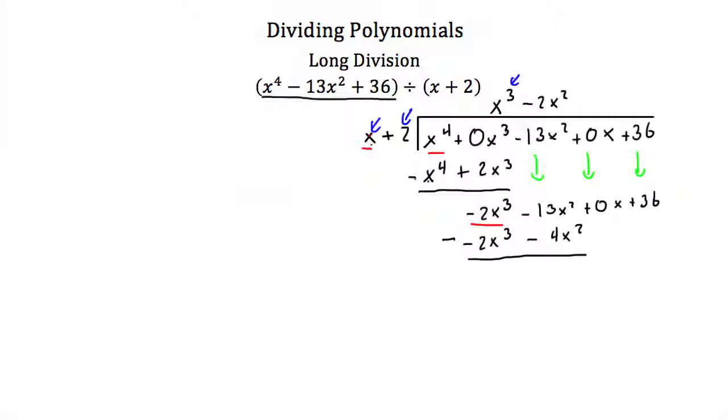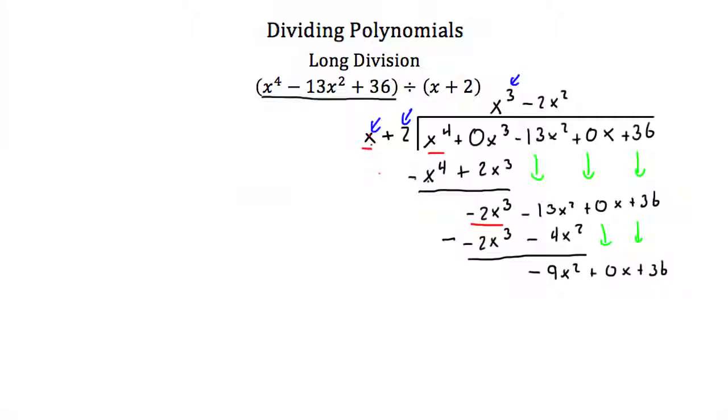Negative 2x cubed minus a negative 2x cubed is 0. Negative 13x squared minus a negative 4x squared is a negative 9x squared. And then again, we just bring down our other two terms. So we have a plus 0x and a plus 36.